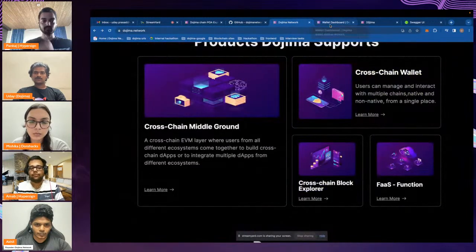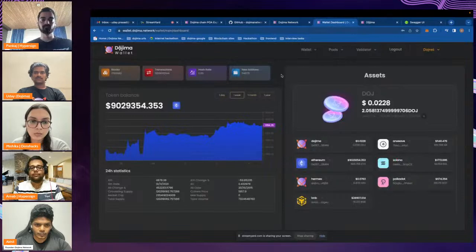So if we move on to the wallet part, this is the basic view of the wallet dashboard when a user gets logged into the Dojima wallet. Here we are providing statistics about the tokens we are supporting right now, and we'll be onboarding different tokens in the coming days.